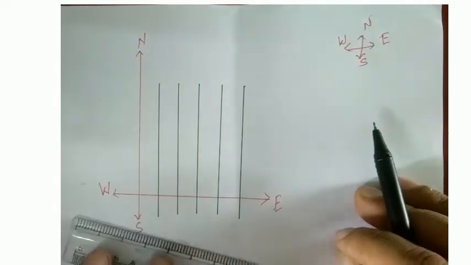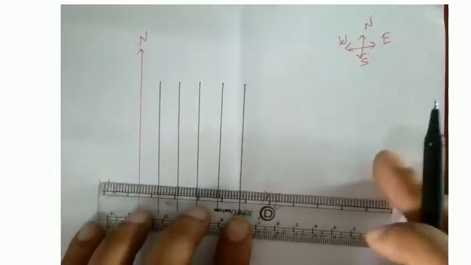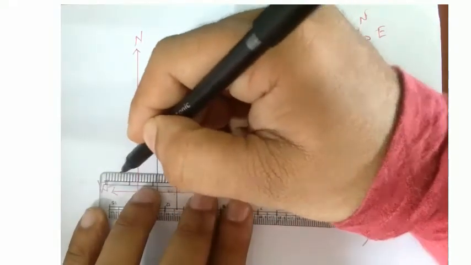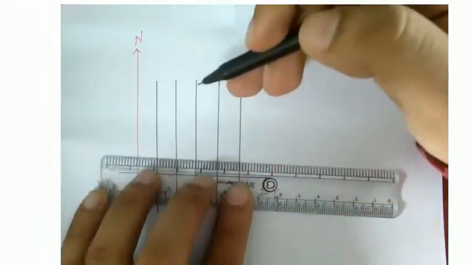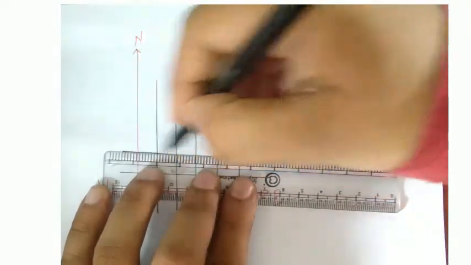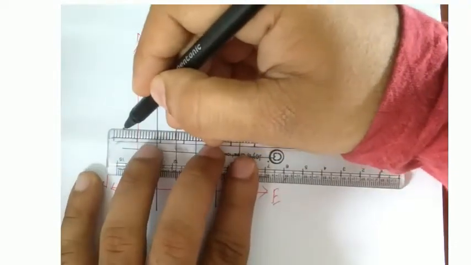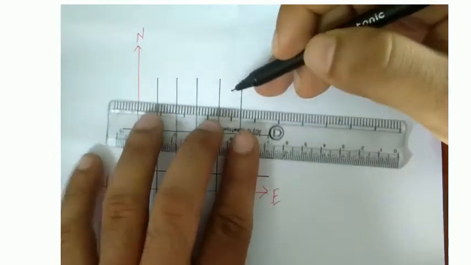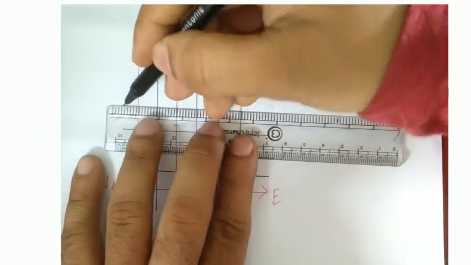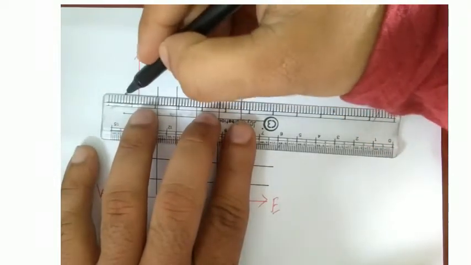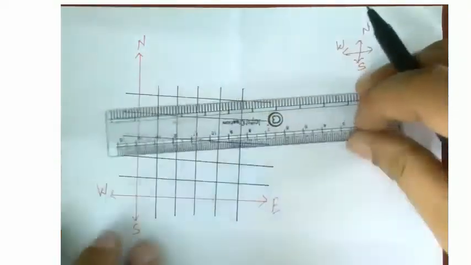Similarly, we need to plot parallel to the east-west direction. So first street, second street, third street, fourth street and fifth street.